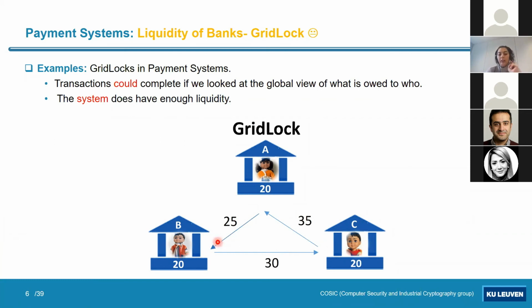But if they receive the money which they are supposed to receive from the other banks, then they will be able to do their transactions. In this case, we say that the system has enough liquidity, and if somehow they start doing transactions simultaneously, then this problem will be solved. We will talk about this case a bit more later.